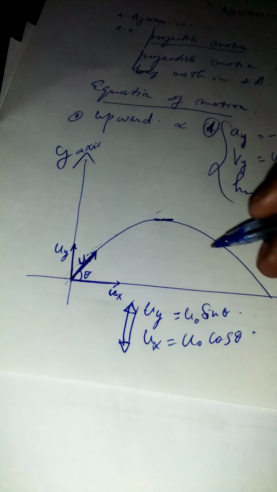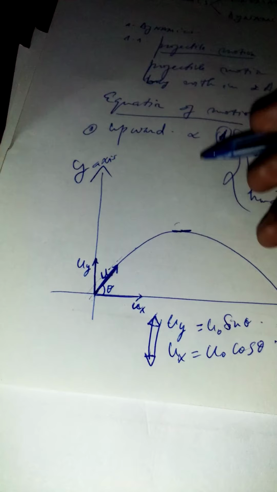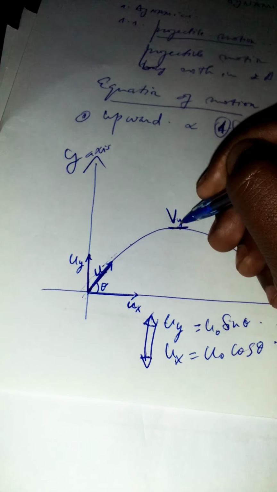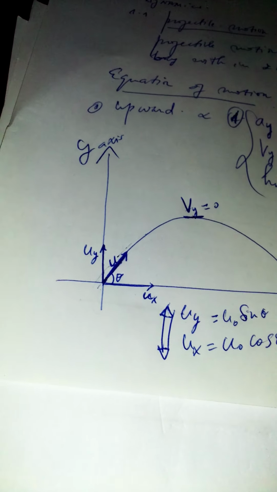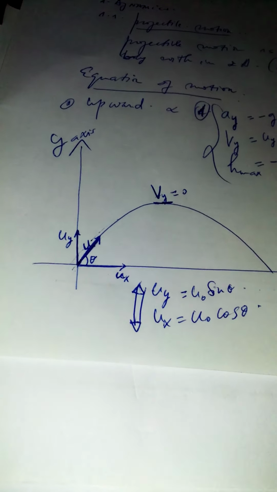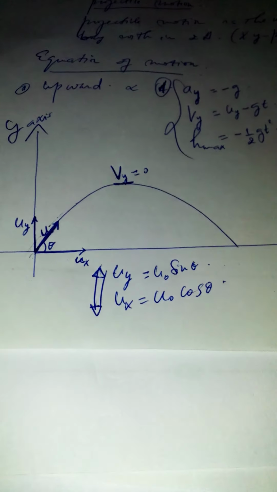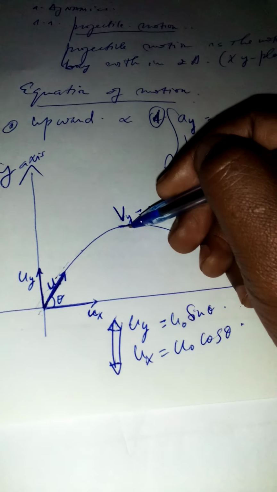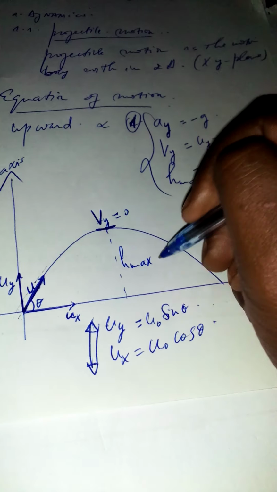It falls down slowly, time by time, meaning that the velocity Vy is reduced to 0. Since the velocity that causes the body to move upward becomes 0, the body will fall down. So at maximum height the velocity is 0.